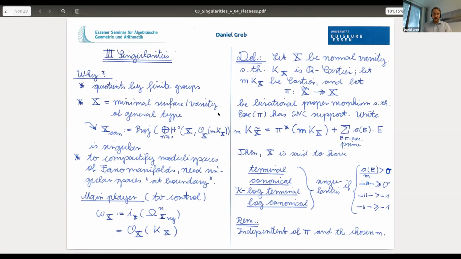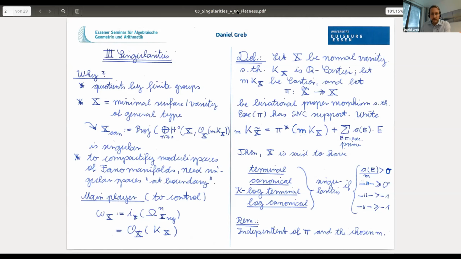You take a normal variety, and the first condition you impose is that K_X is Q-Cartier. Yeah? You want the canonical divisor to be Q-Cartier to be able to pull it back and so on. And you assume that mK_X is actually Cartier. Yeah, and then you take a resolution. Okay, I forgot to write that X tilde is smooth. So π from X tilde to X is a birational proper morphism, such that the exceptional set of π has SNC support.